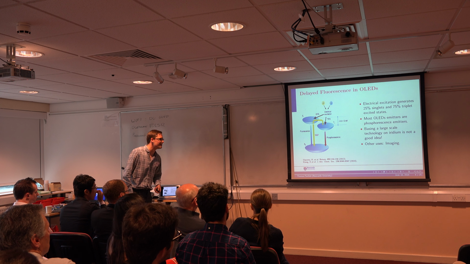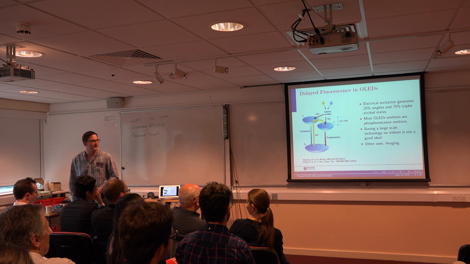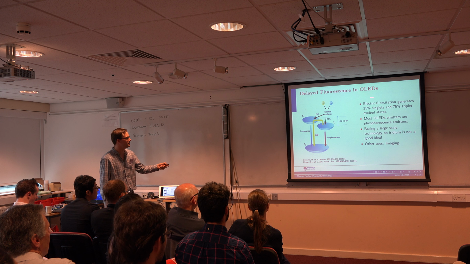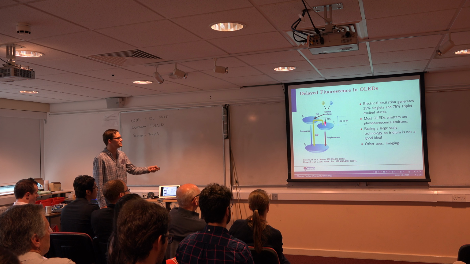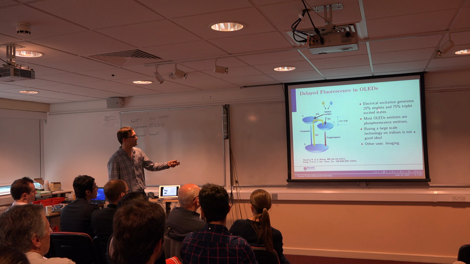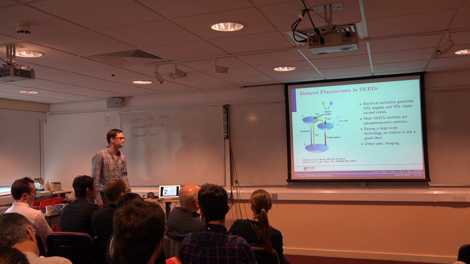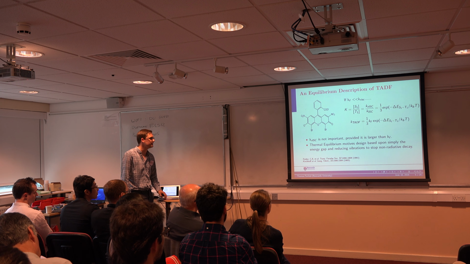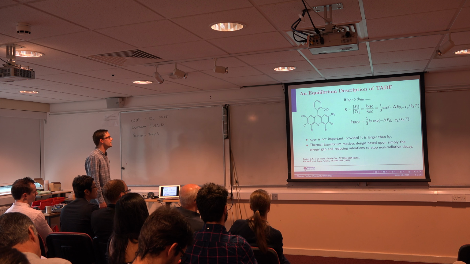And again, very similar to before, we have the splitting from the electrical excitation of the singlets and the triplet states. And the main focus is if we want to have efficient devices, we want to get as much of this triplet population out as possible. And as this has been so well explained, I won't spend any longer.